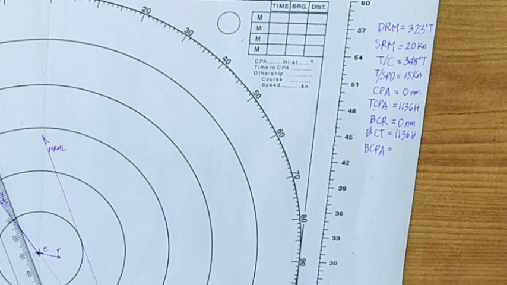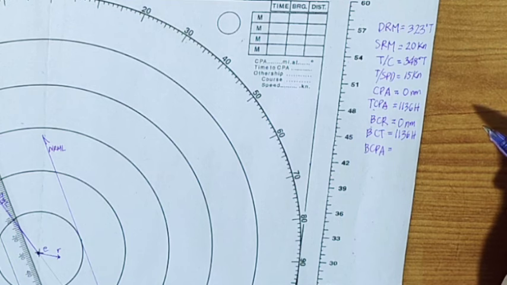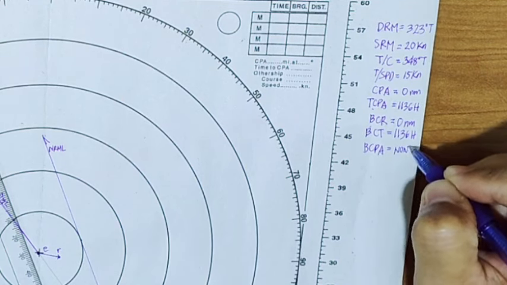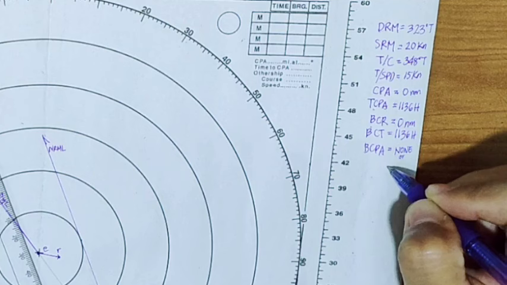Then the BCPA, so what is BCPA? That is the bearing of the CPA from your position. So in this case, it is undefined. So you can put none or undefined.